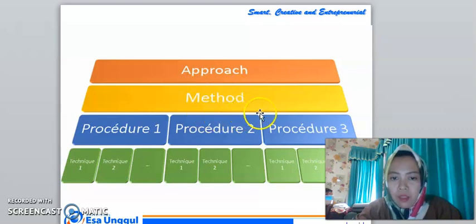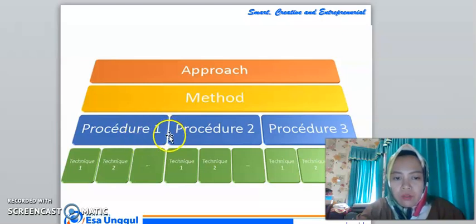In cooperative learning we have types of cooperative learning, such as jigsaw, start, and so on and so forth. In cooperative learning there is what we call procedure. We have to follow the procedure in cooperative learning. For example, they have to provide a democratic environment.